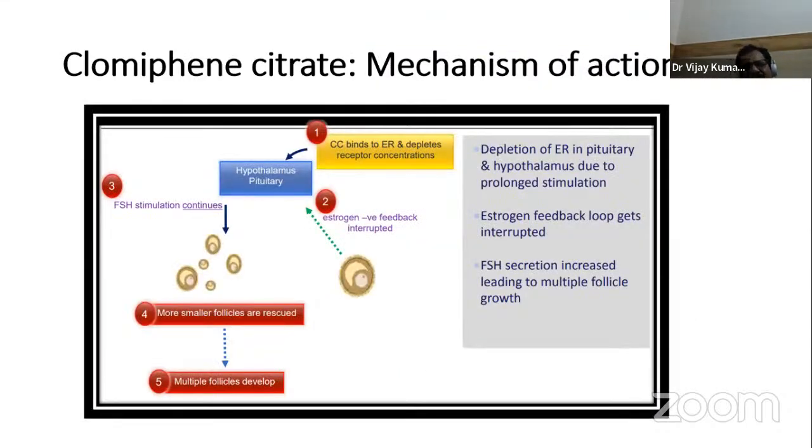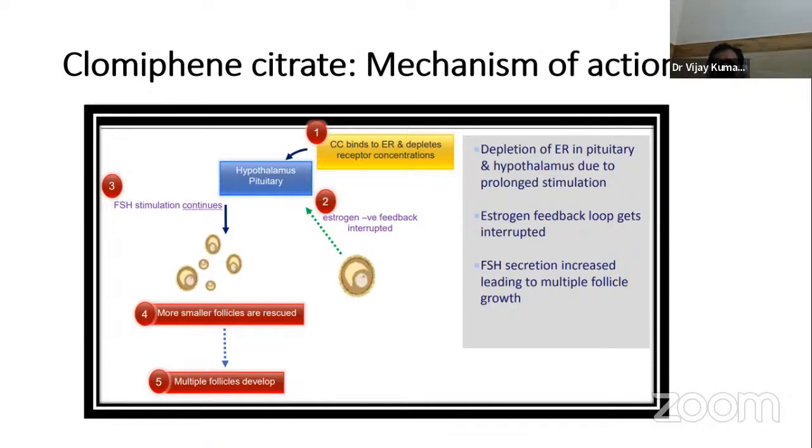So how does clomiphene citrate act? Basically, it is a selective estrogen receptor modulator which blocks the estrogen receptors. The estrogen receptors are present in various parts of the body, starting from the pituitary and hypothalamus to the endometrium and the cervical mucus.